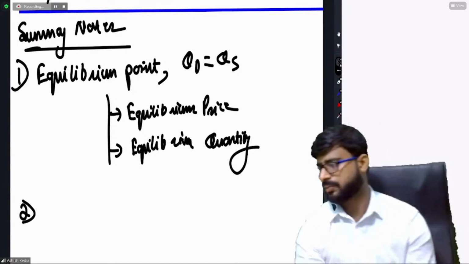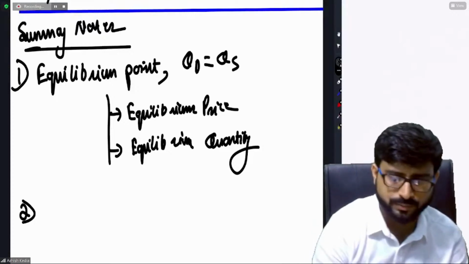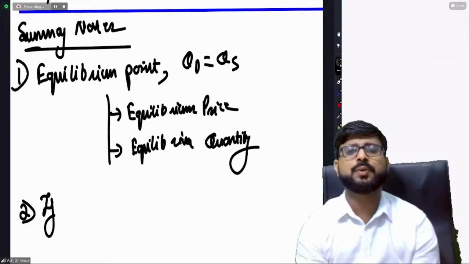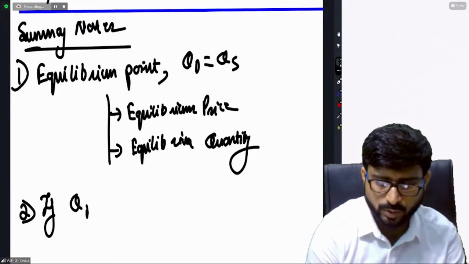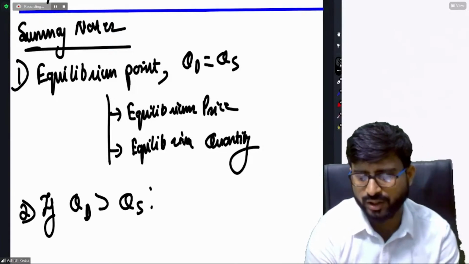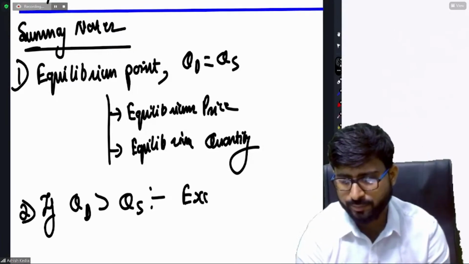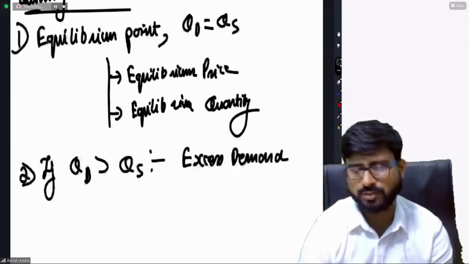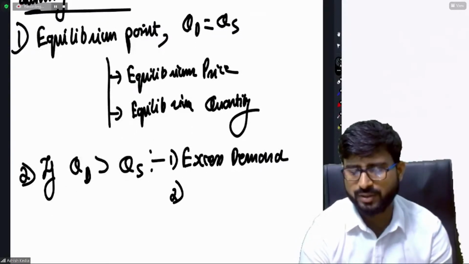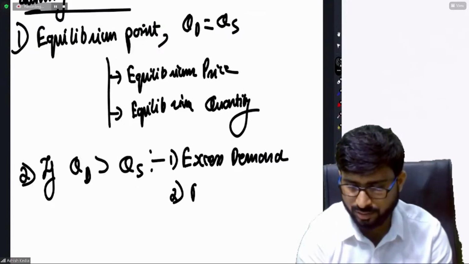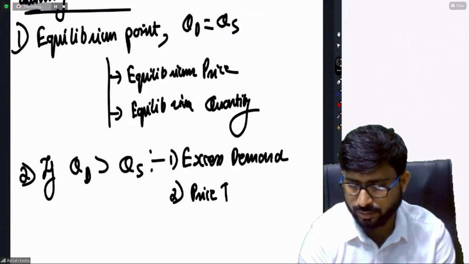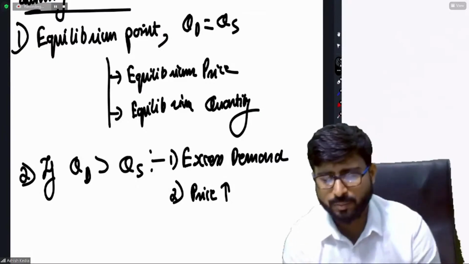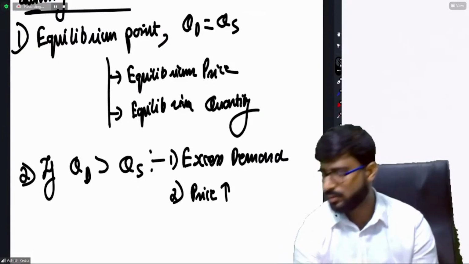Number two, if quantity demanded is greater than quantity supplied, it is called excess demand. And whenever there is excess demand, price will rise.